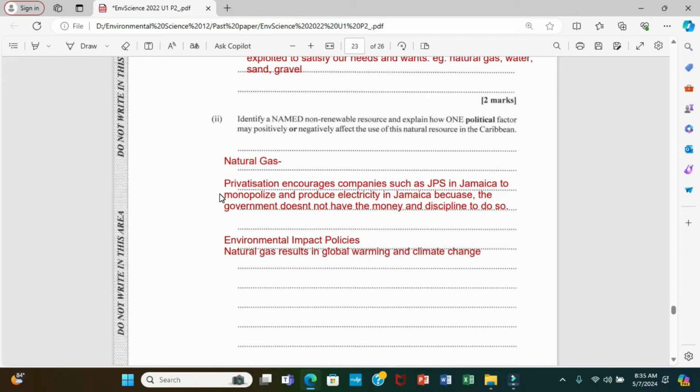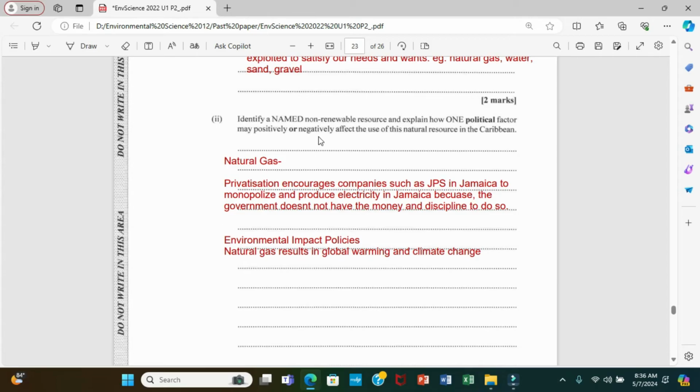All right, because the government cannot nationalize the business. Because here in Jamaica we don't have reserves of natural gas, so privatization would be a good option. Unlike Trinidad and Tobago, which has natural gas, so the government could nationalize the business, making the country responsible to run and operate the business.